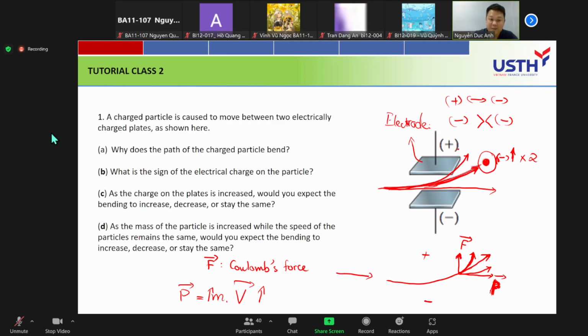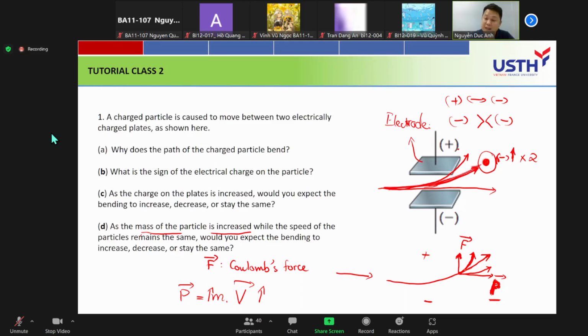If the mass of the particle increases, it leads to more linear momentum. The speed of the particle remains the same, it's not changed, you only increase the momentum here. The charge is not changed either.